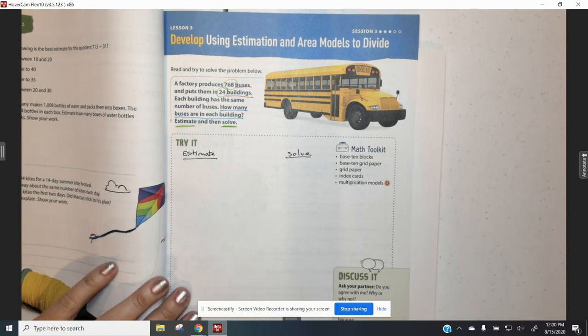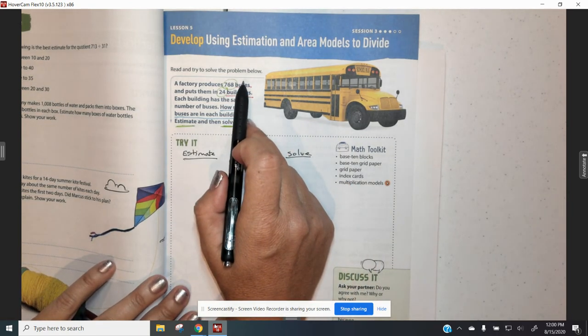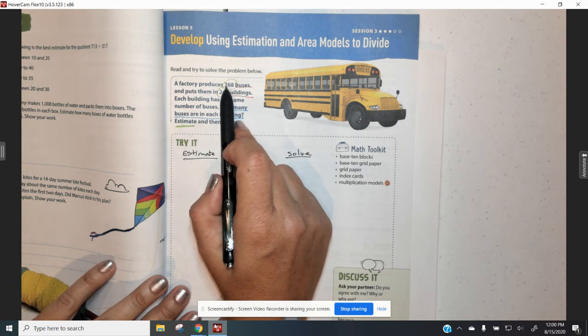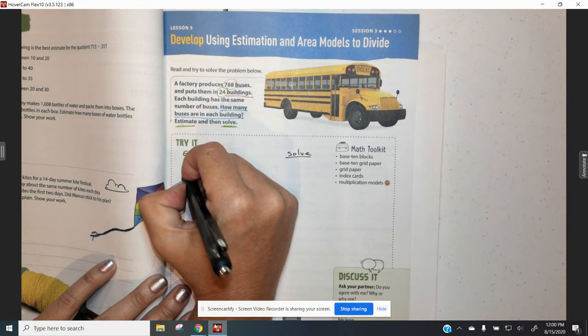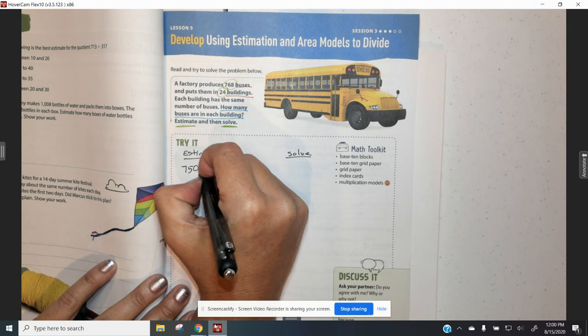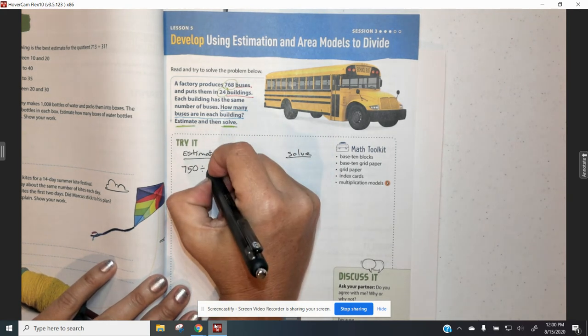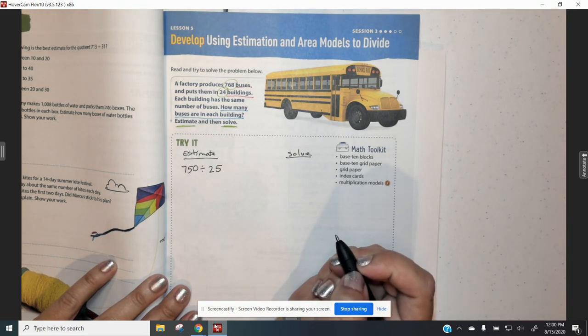So if we were going to estimate first, we could look at this and go, okay, well, 768 is close to 750. And then 24 is close to 25. So we're going to divide 750 divided by 25.